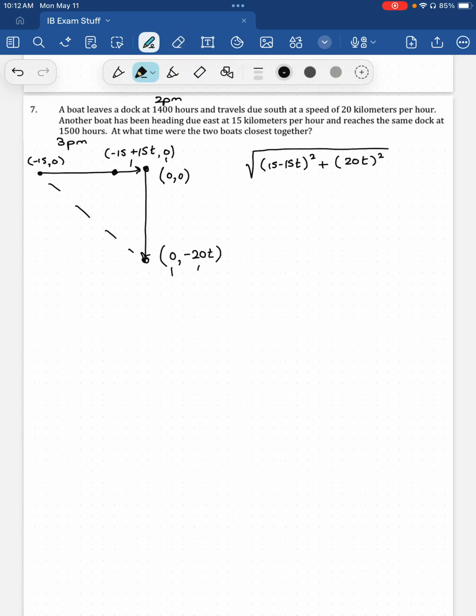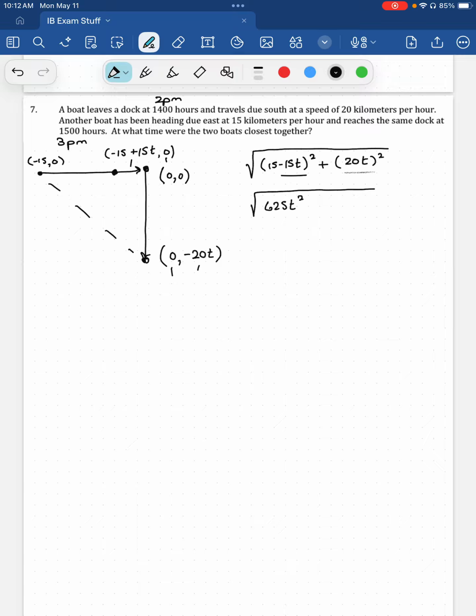So before we can do that, it's in one variable, but we need to simplify it. So I'm going to square that down. What that's going to turn into is 400t squared plus another 225t squared from this. So that'll turn into 625t squared.